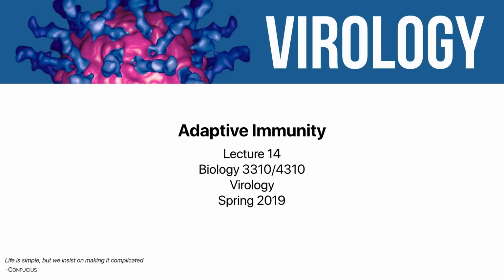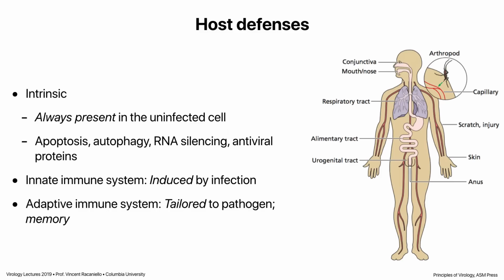So just to remind you where we are, we've talked about a variety of host defenses so far. Last time we talked about intrinsic defenses, which are always present and include things like apoptosis, autophagy, RNA silencing, and antiviral proteins like tetherins and APOBEC.